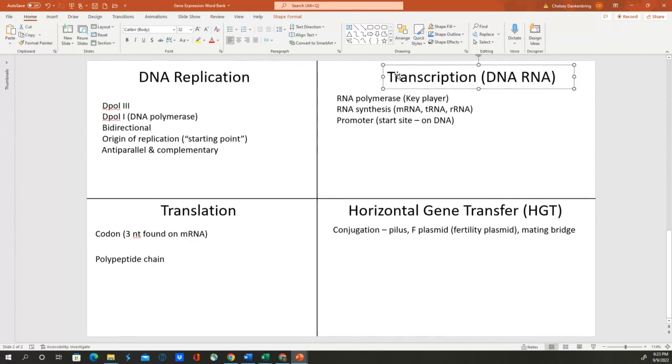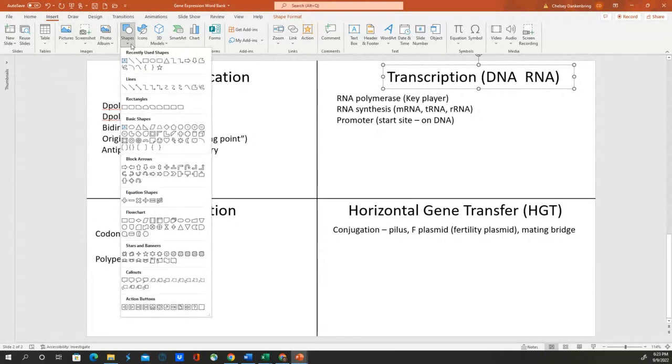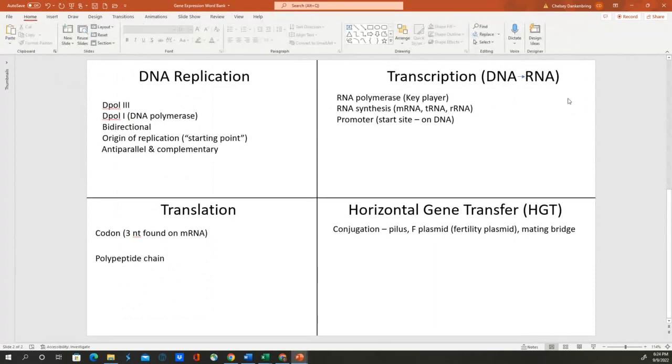Of course, I don't have the arrow symbol, but I can get it. All right, and so all of this begins at the promoter. It's a piece of a sequence of DNA that says, hey, RNA polymerase, you need to get right here because we need to make some RNA. So RNA polymerase is going to bind to that DNA sequence, that promoter, and then it's going to start building a strand of RNA, okay?